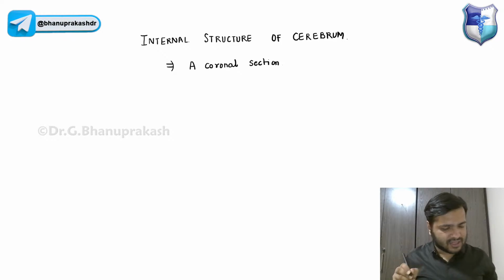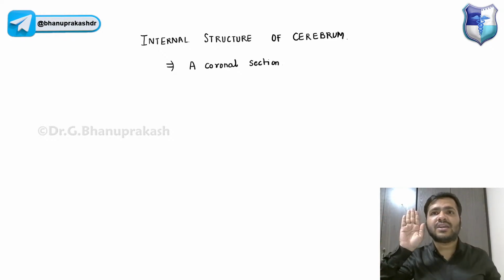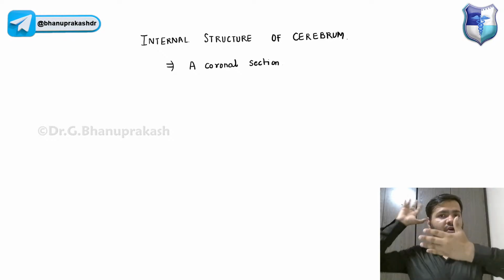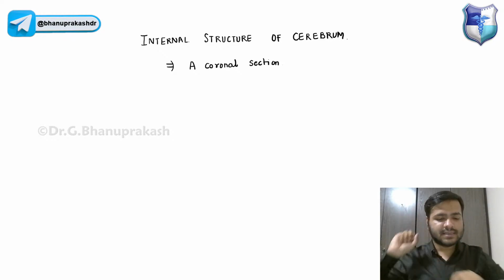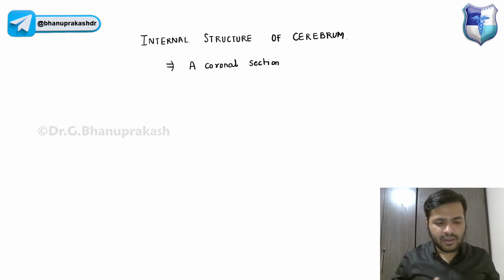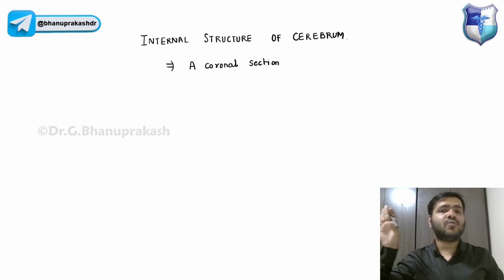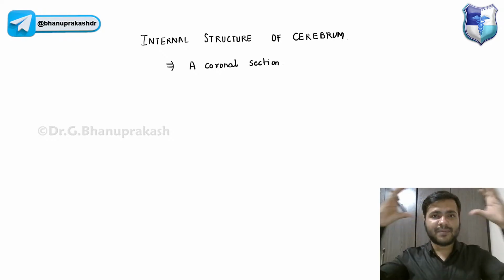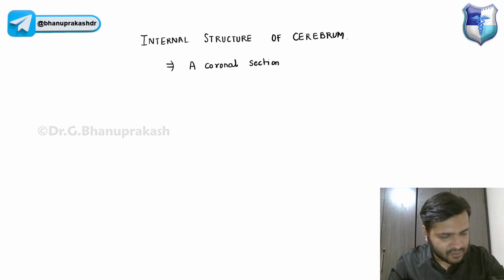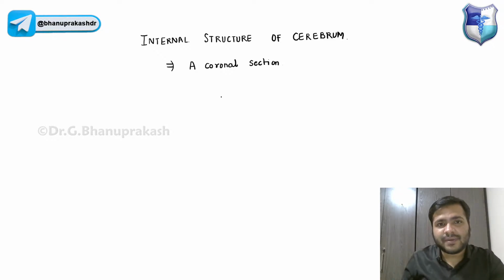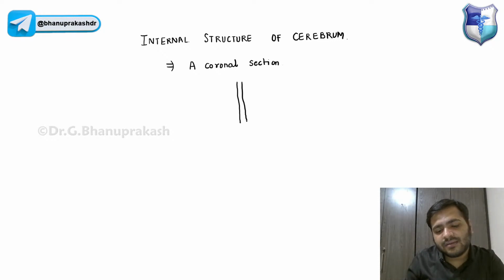A coronal section is the plane, the section, where the body is divided into anterior and posterior parts. Okay. So now if I just try to cut it from the front like this, what will happen? What cerebrum will I see over here? You already know we have two cerebral hemispheres. I will not draw anything very fancy, but I will just try to show you how it looks.